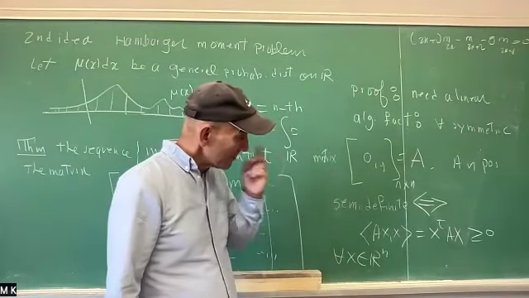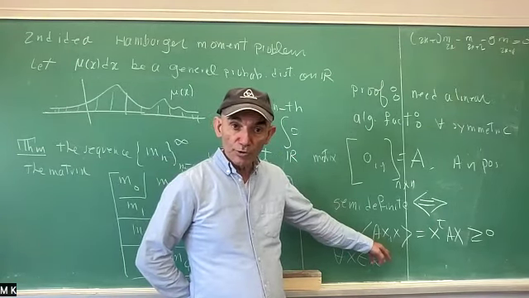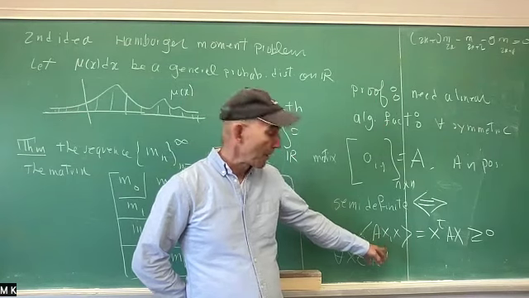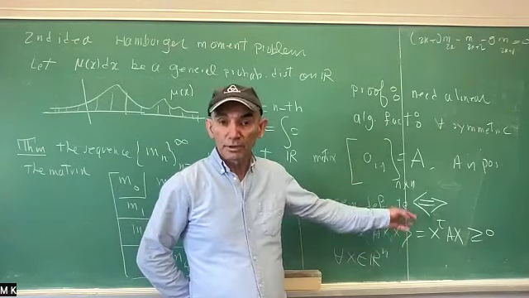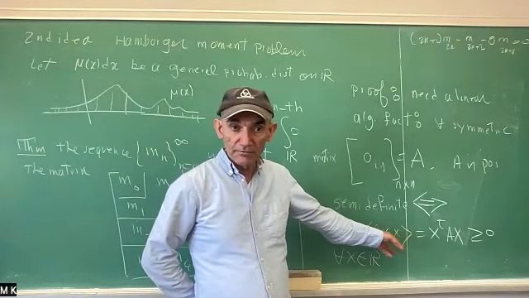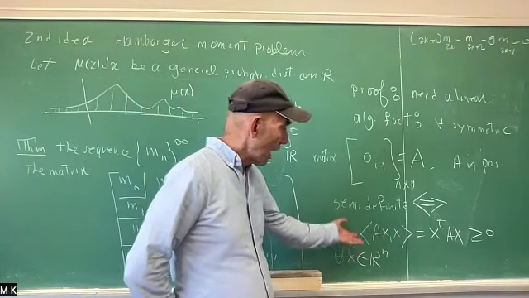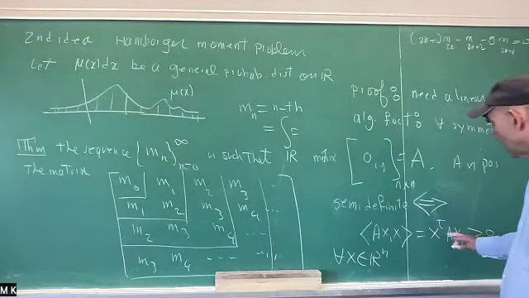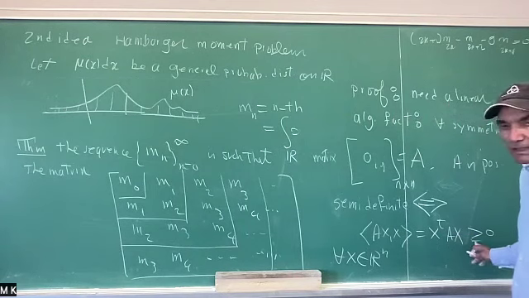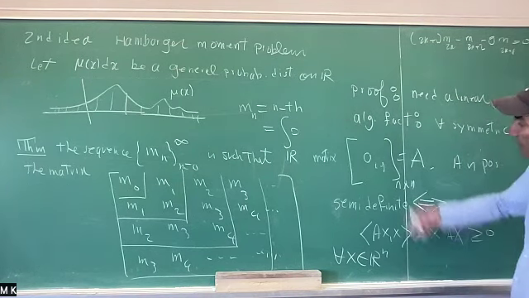In other words, this quadratic form that you form using your matrix, which we also used when we discussed Gaussian integrals in the first lecture, never takes negative values. It's always at least 0. You cannot go below 0. This is if and only if.